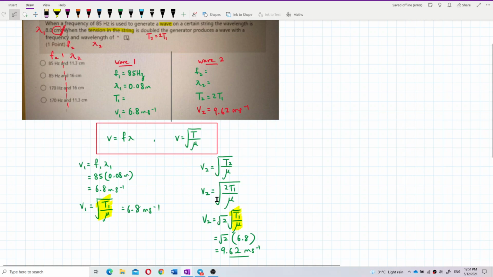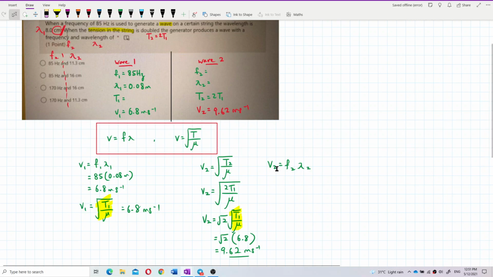You understand? So what we can do is multiply the first one: V2 equals F2 lambda 2. So let's try and error for each answer. If we multiply the frequency with the wavelength, do we get 9.62? If any one of those gives 9.62, that's the answer.